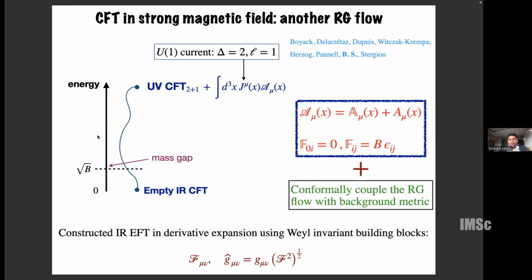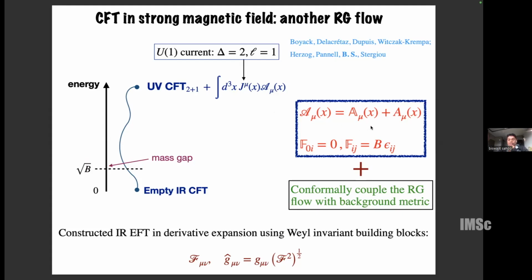So now we would like to ask whether we can put some constraints on susceptibility and transport coefficients at strong magnetic field. You can think of this again as an RG flow, as I was mentioning, by turning on a current operator with some mu, where mu takes a configuration which provides the constant magnetic field. But since the IR is empty, we introduce a set of background fields.